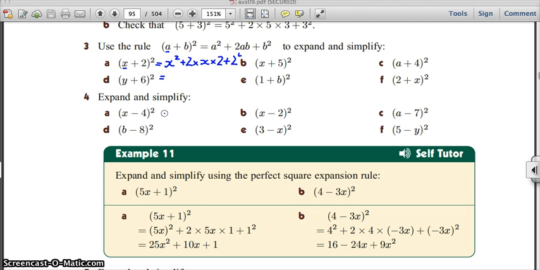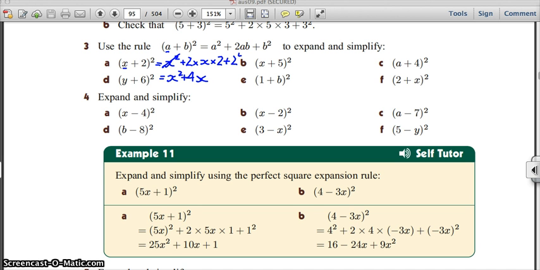And then we're going to simplify that. We've got our x squared. And then, so we've done that. 2, positive 2, times x times 2. 2 times 2 is 4x. Yeah? 4 times x. It's a positive 4x.